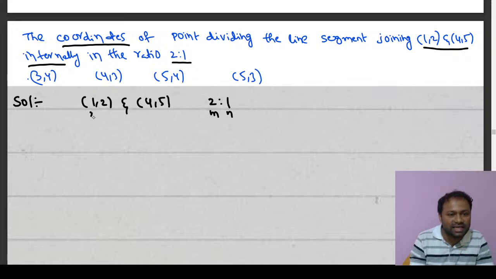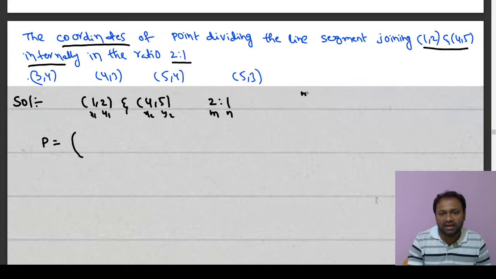Here this is x1 as well as y1, and this is x2 as well as y2, right? Internally, you know the formula, P is equal to mx2 plus nx1 upon m plus n, as well as my2 plus ny1 upon m plus n.